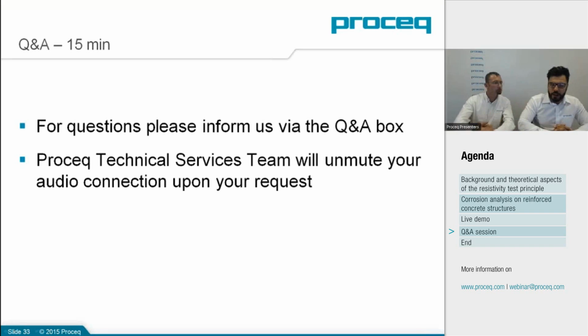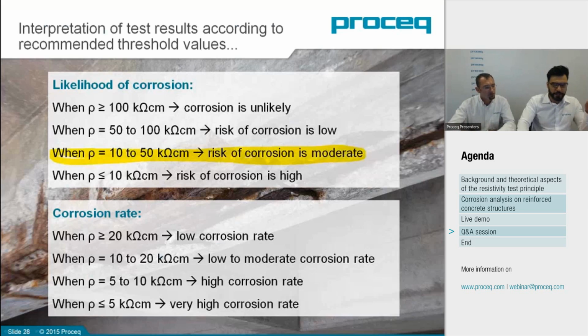Brilliant, thank you. By measuring resistivity and half-cell together, is it possible to calculate the corrosion rate? There's no such thing as a direct exact calculation, but you can estimate according to literature and comparison. Exactly. The numbers that we showed you on the screen, I can go back to that slide, for example, here.